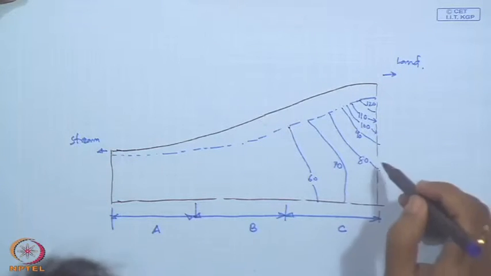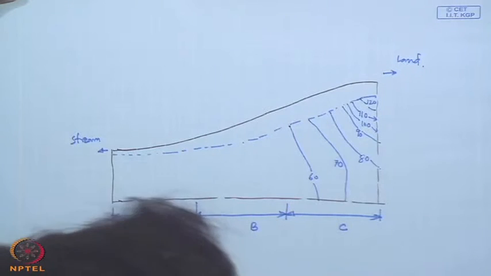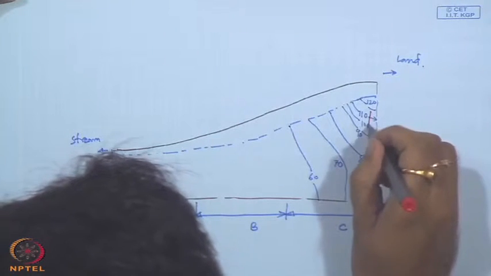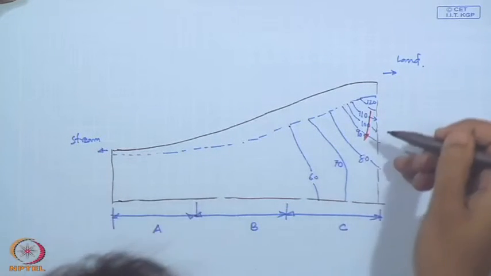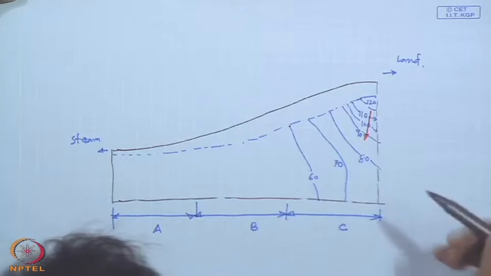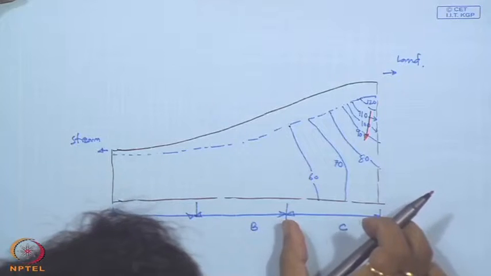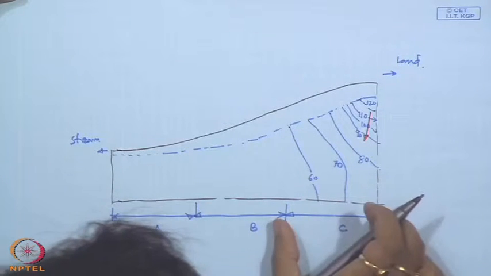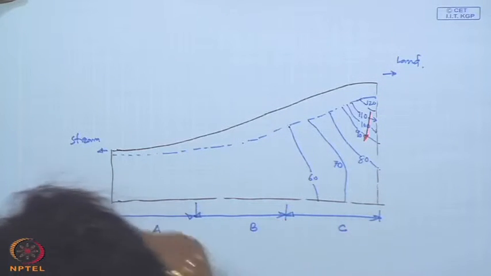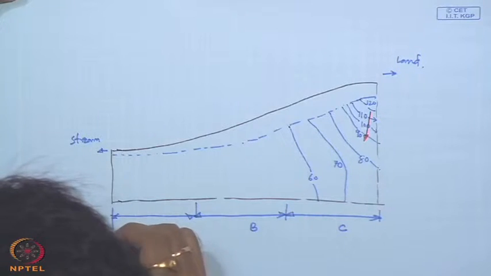So, in this region there is almost vertical flow in this part of the cross section. This is zone C.